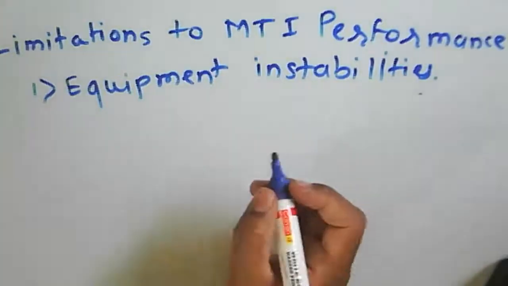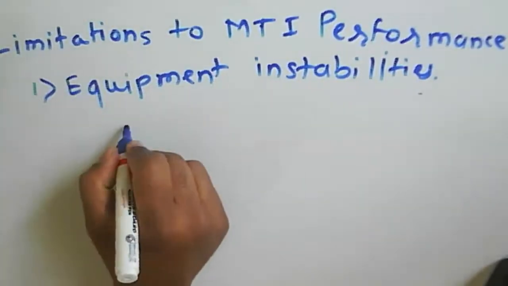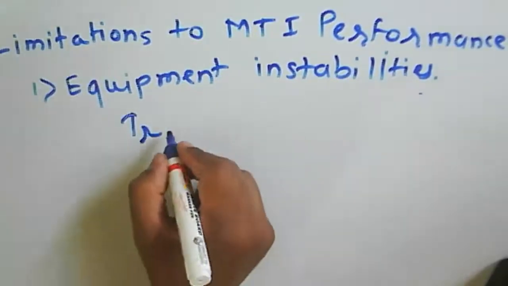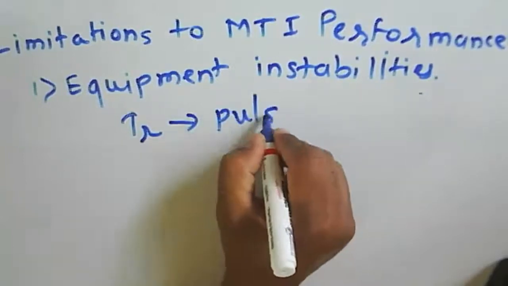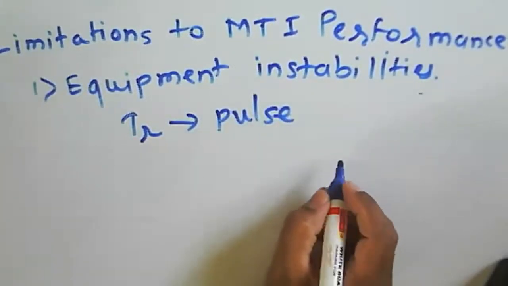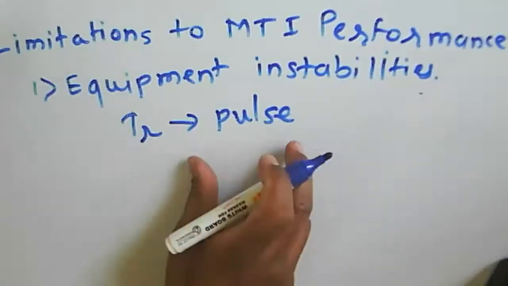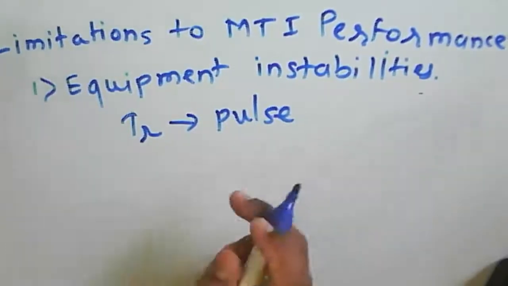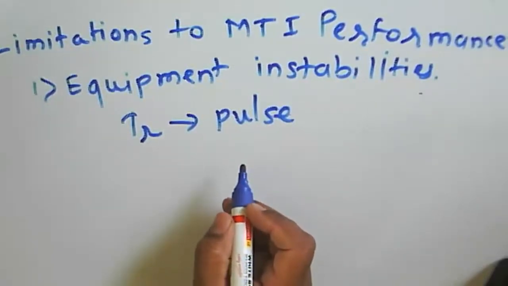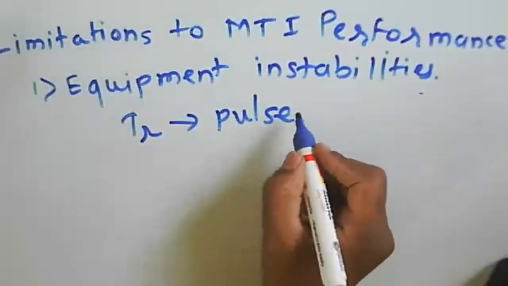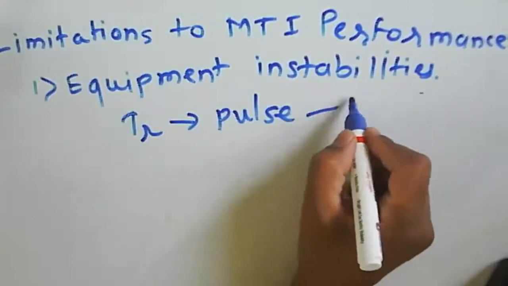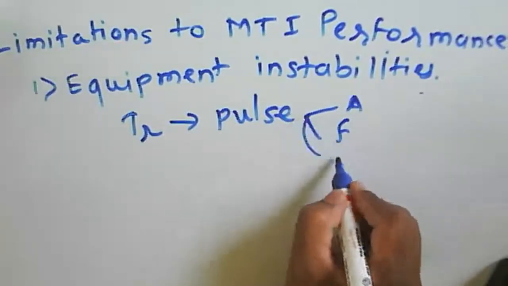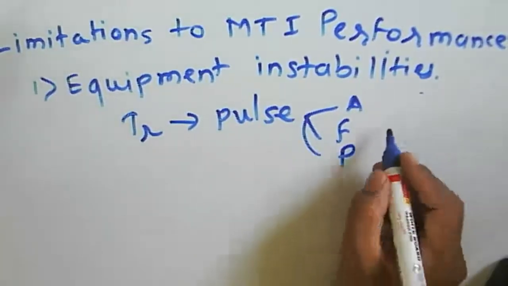While transmitting the signal, there will be some pulses we are transmitting, and those pulses may vary. So we can say there are pulse to pulse changes in the amplitude, pulse to pulse changes in frequency, or pulse to pulse changes in the phase.